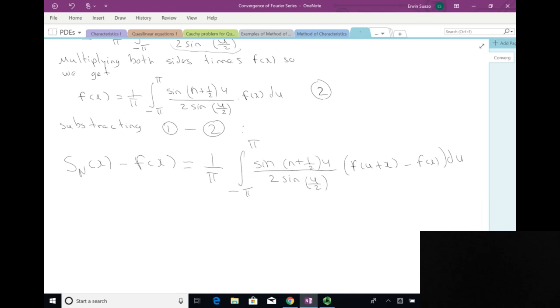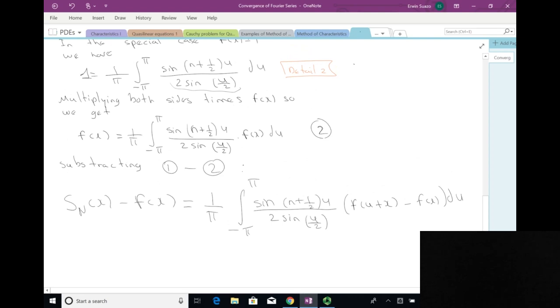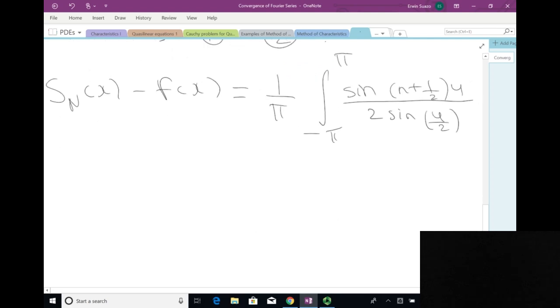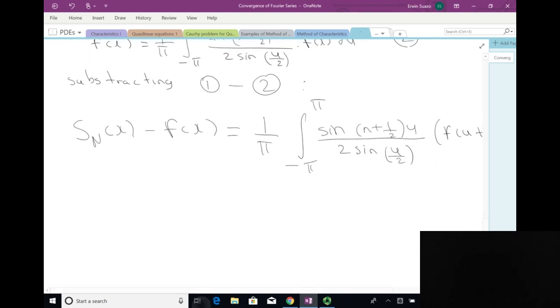Let's make a definition. Let g of u, let's define this just for notation.